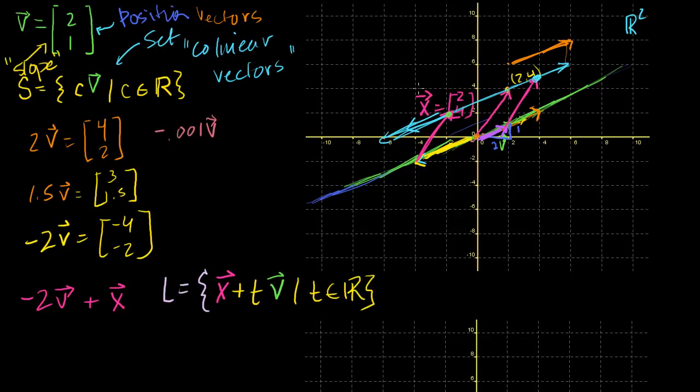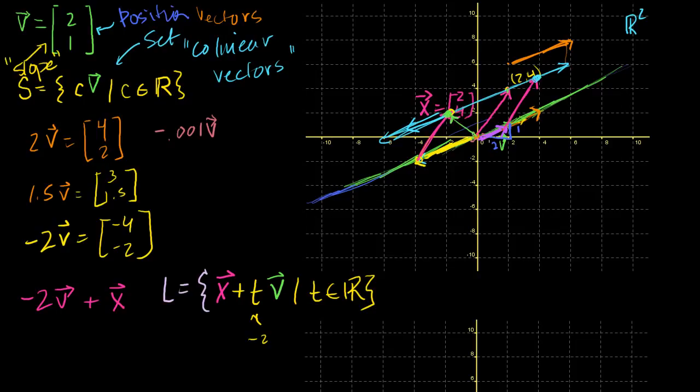So what is this going to be? This is going to be this blue line. If I were to draw all of these vectors in standard position, I'm going to get my blue line. For example, if this is minus 2 times my vector v, and I add x, I go there. So this vector right here has its endpoint sitting on that line.